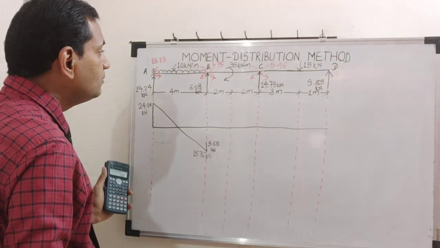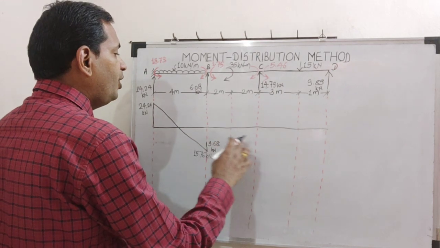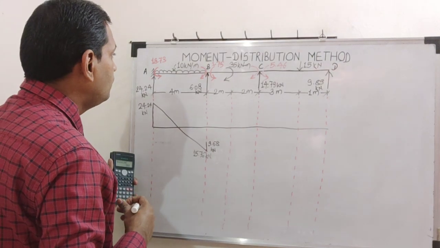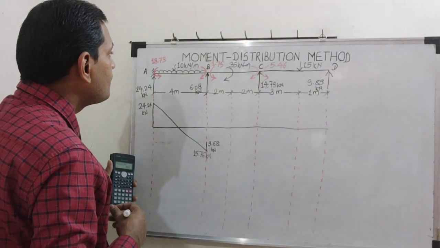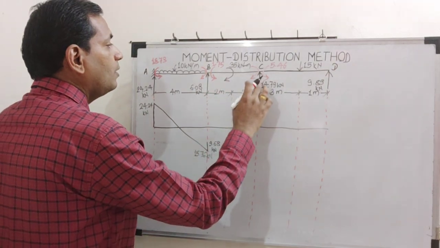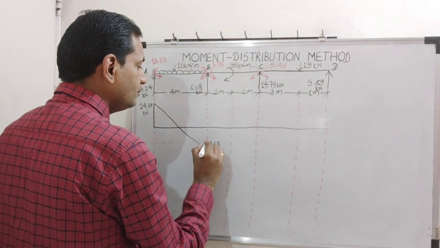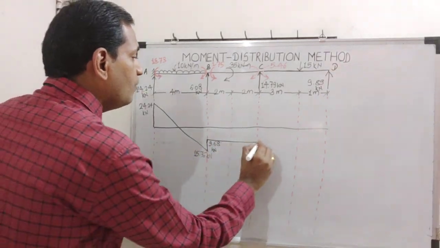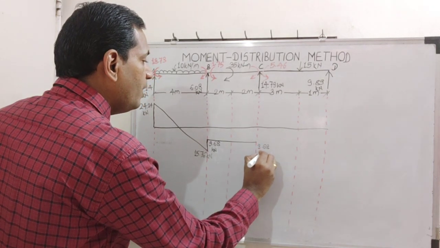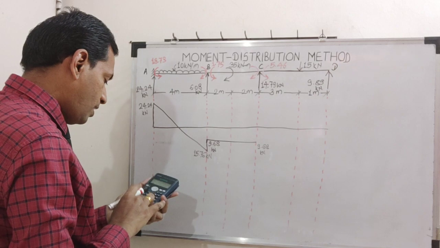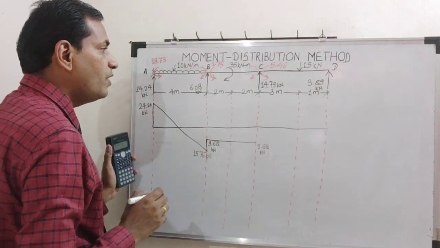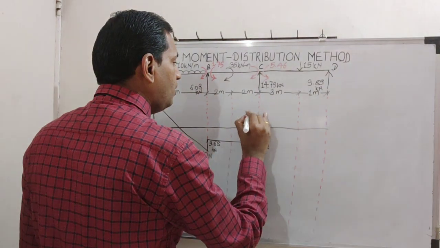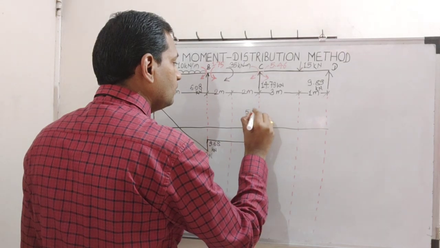Then it will be continued up to this end, and to this value of minus 9.68 we will add 14.79, so 14.79 plus, so 5.11 kilonewton.